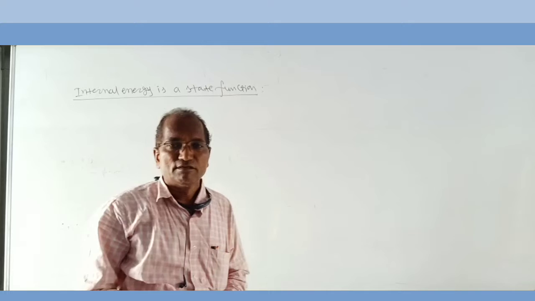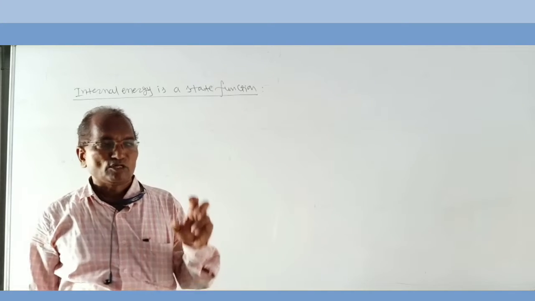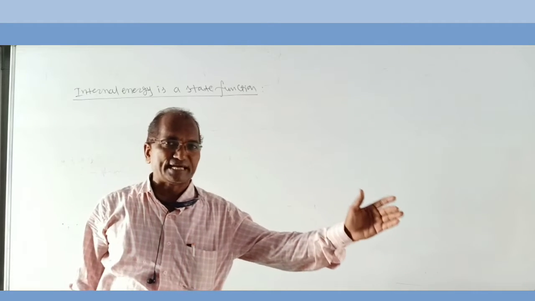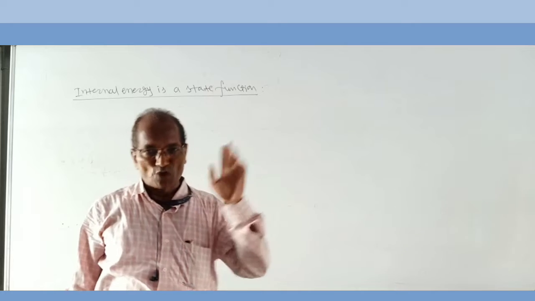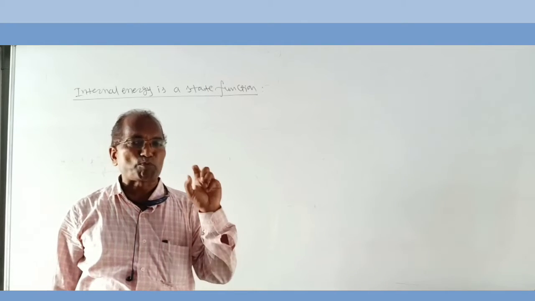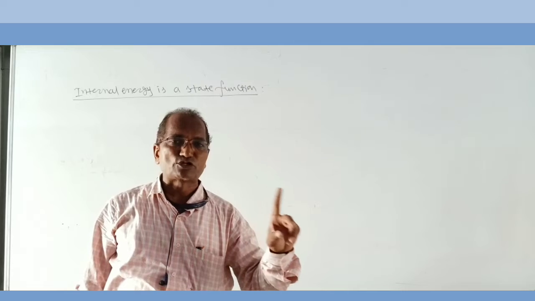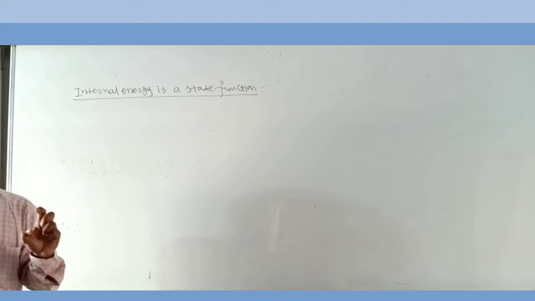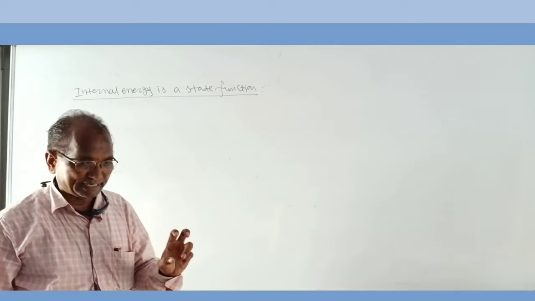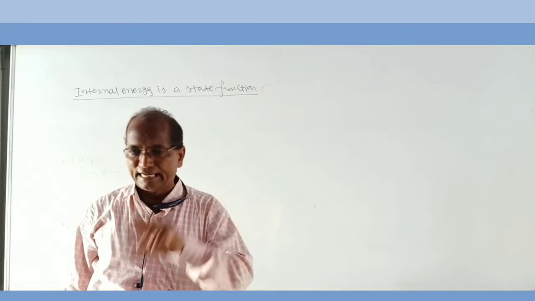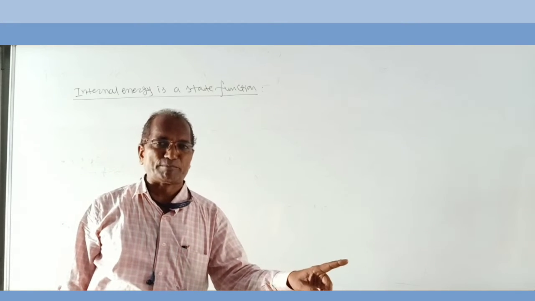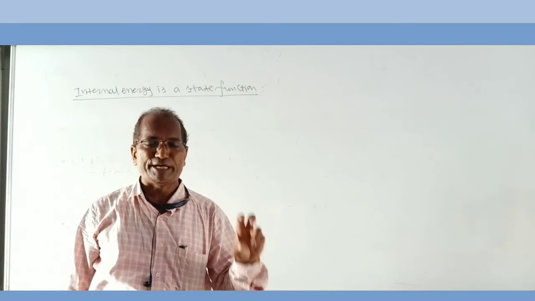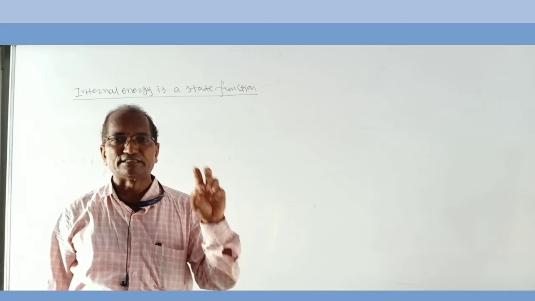The function or property which depends upon the initial and final state of the system, not upon the path followed by the system, is called a state function. Similarly, internal energy depends upon the initial and final state of the system, not upon the path followed by the system. Therefore, internal energy is a state function.